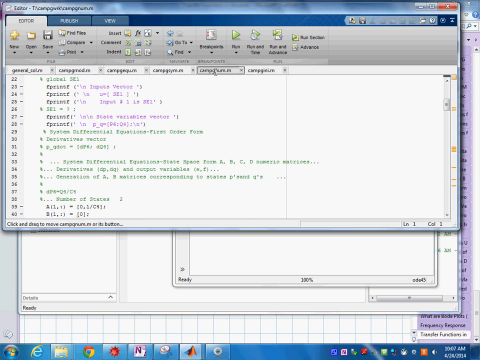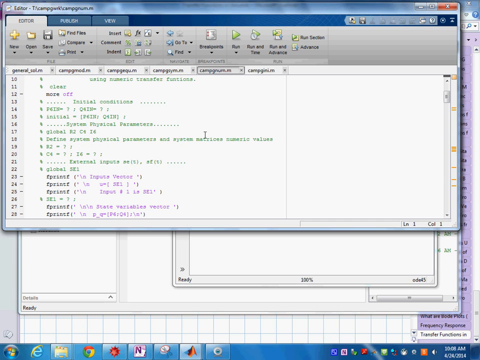But in this file, which is the one that we need, we will have to put the values of the parameters right here to be able to obtain what we need. So in this case, I'll just do this as a 2, I believe.